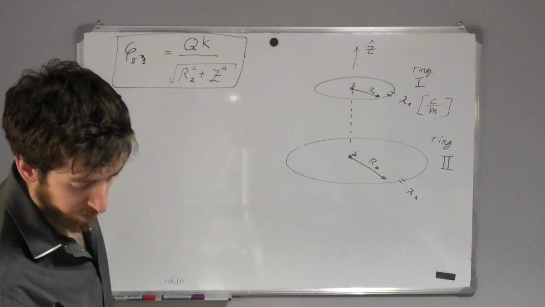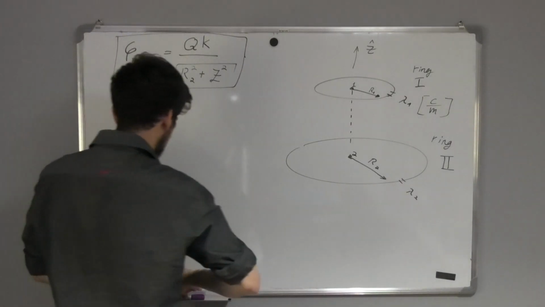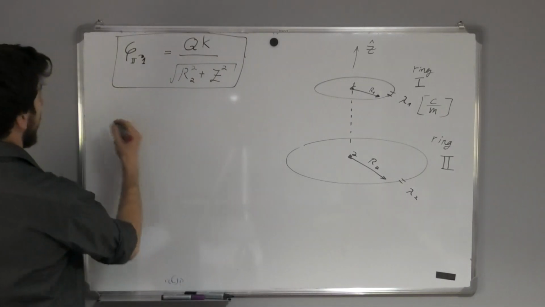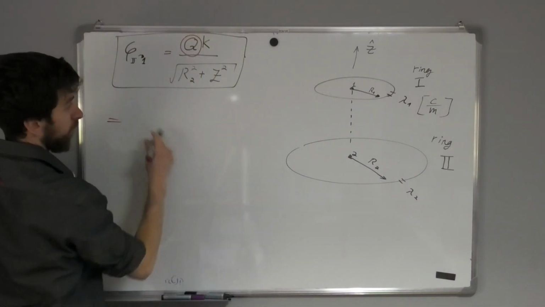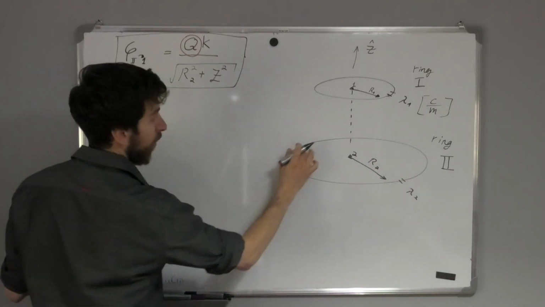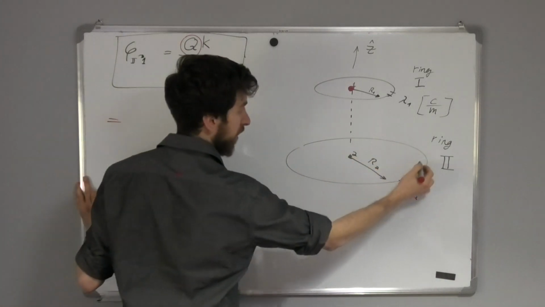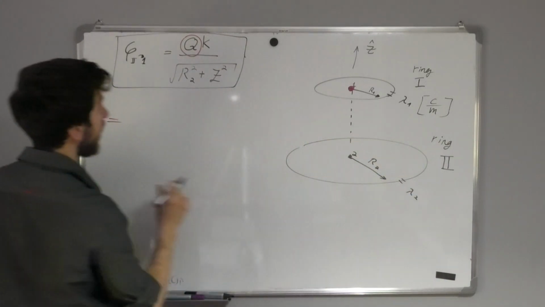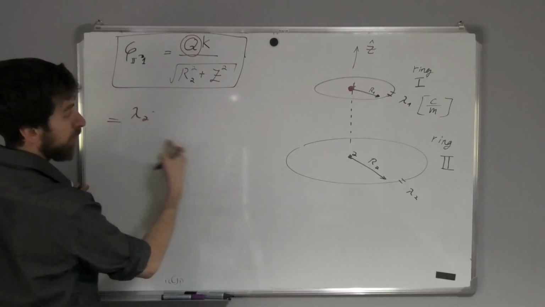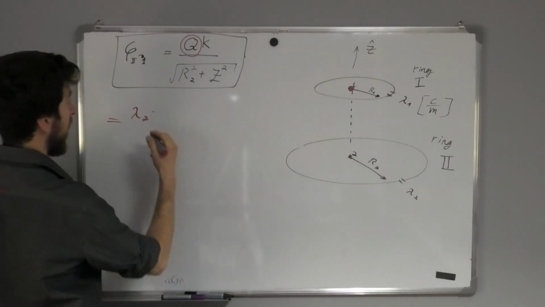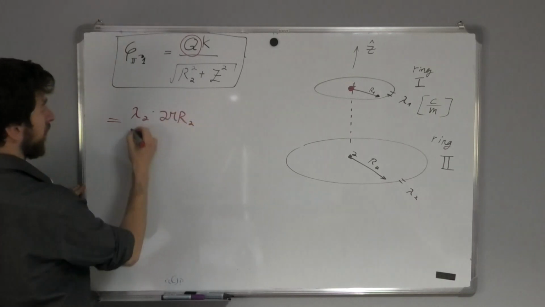So to calculate it, let's use the red pen. So it's equal to, first of all, I'm gonna take care of Q. What is the charge on this? We are looking for the potential at this dot. So the charge from ring number 2 is lambda 2 multiplied by this length, which is a circle, so it's 2 pi r2.